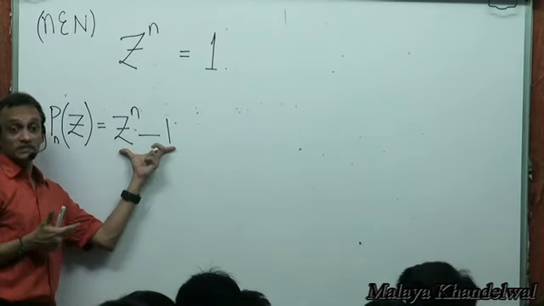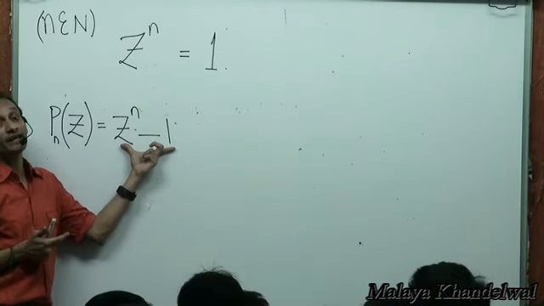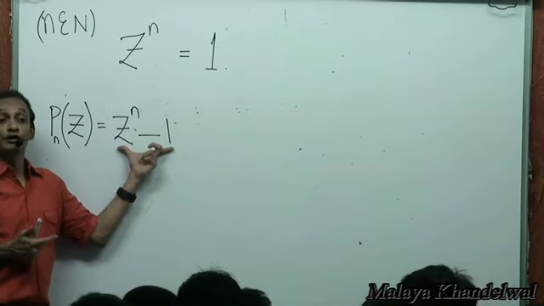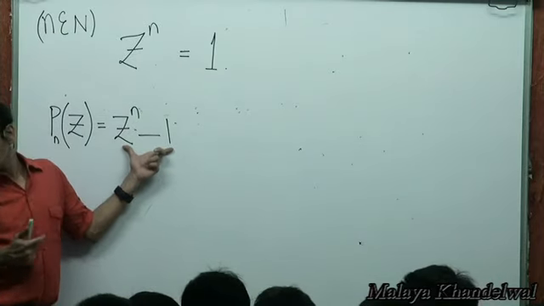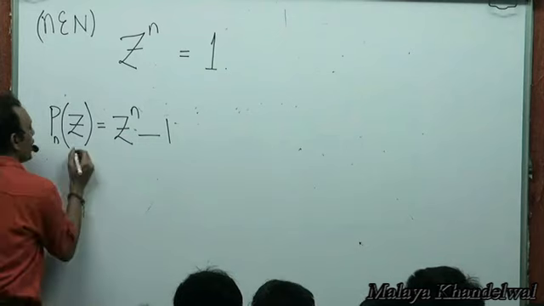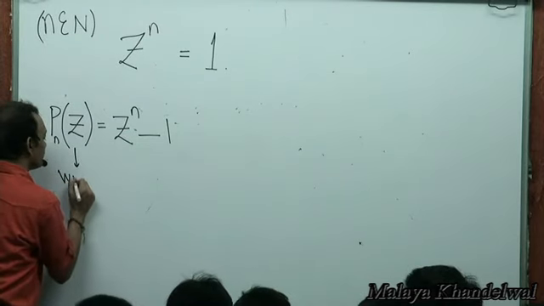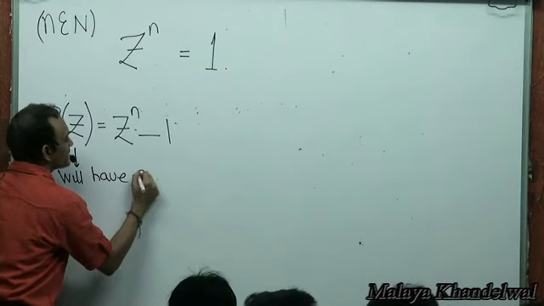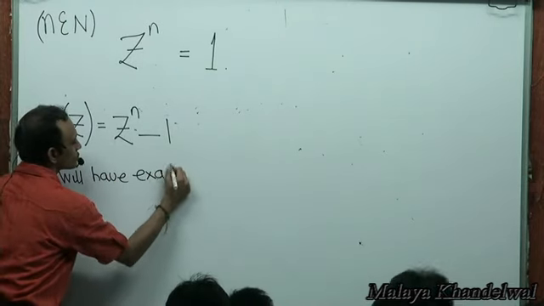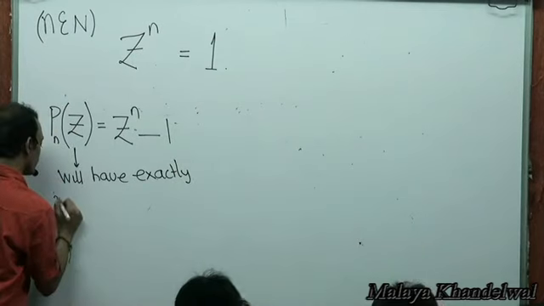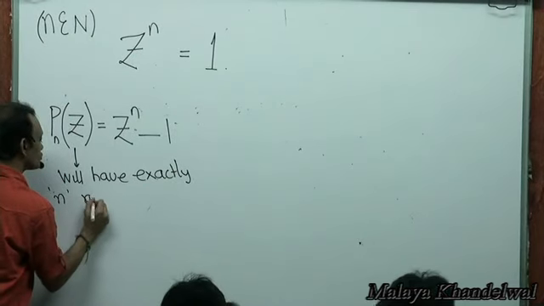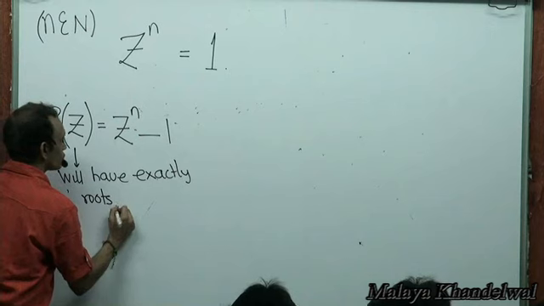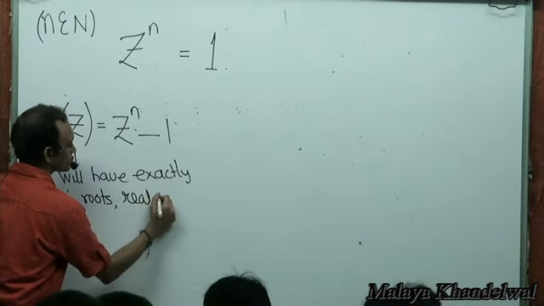And this will become 0 for how many values of z? Exactly n values of z, real or complex, distinct or coincident, right? This polynomial will have exactly n roots, real or complex.